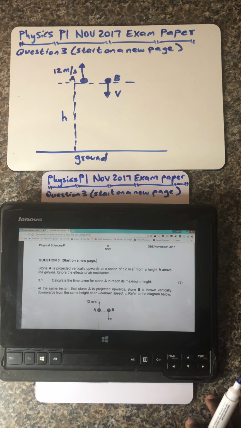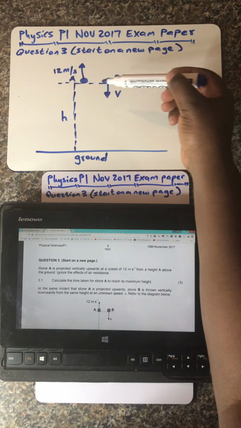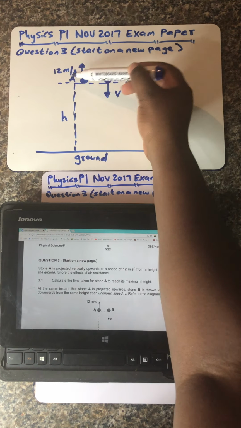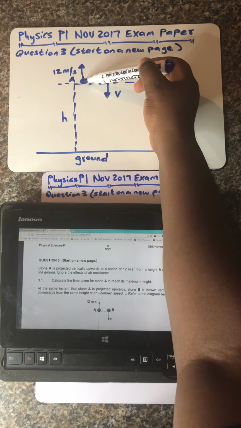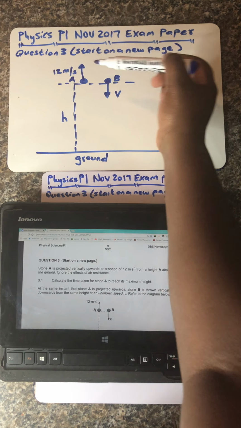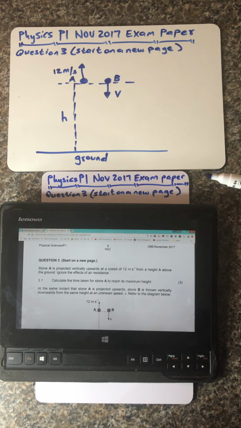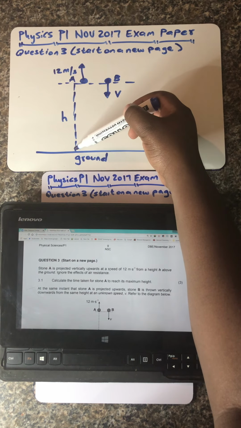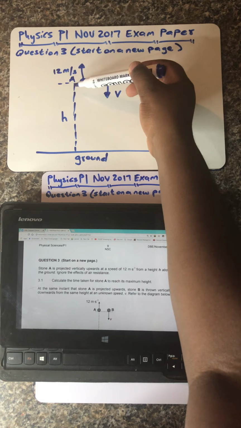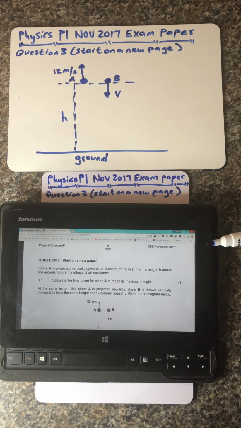What actually happens on this diagram is, you can see we've got stone A, which is projected vertically upwards at a speed of 12 meters per second from a certain height above ground level.